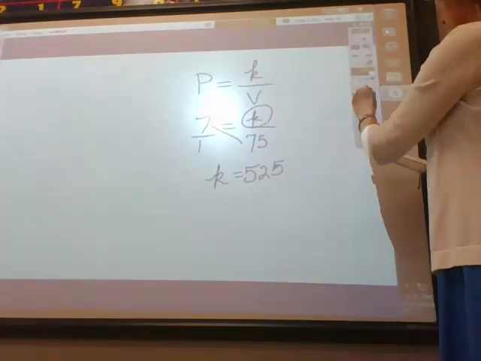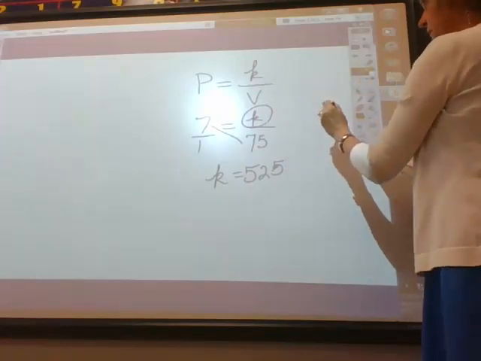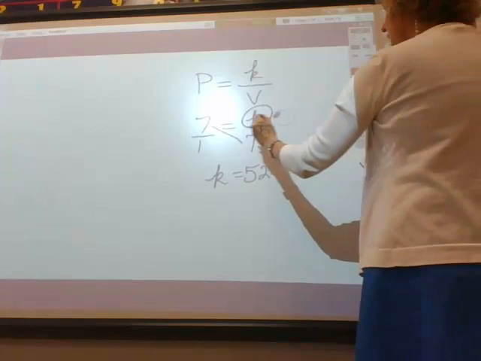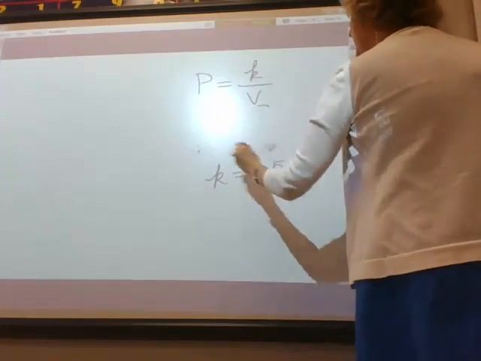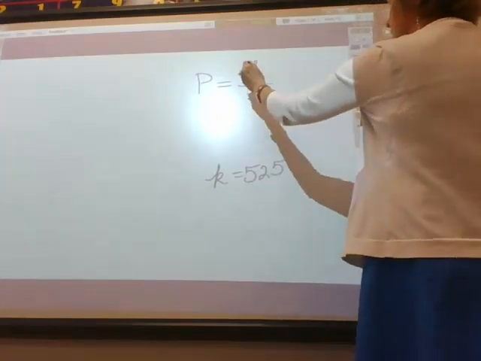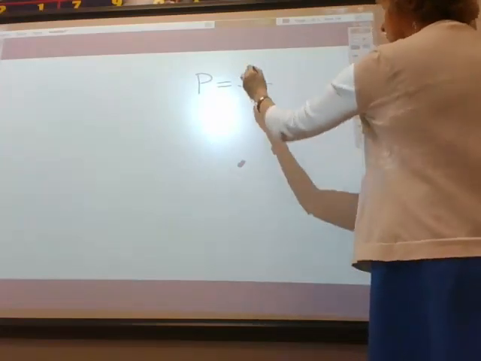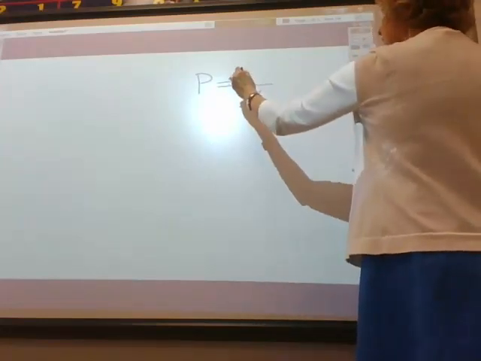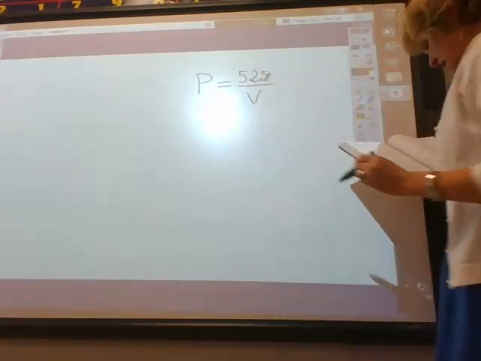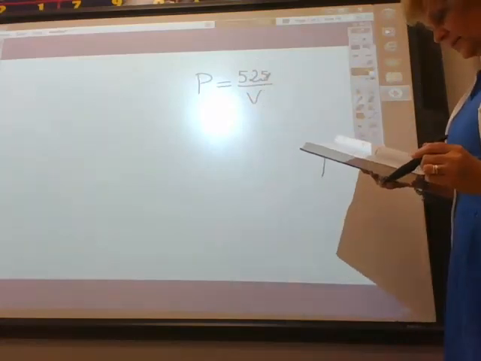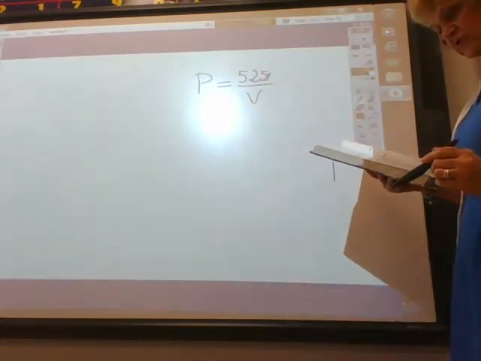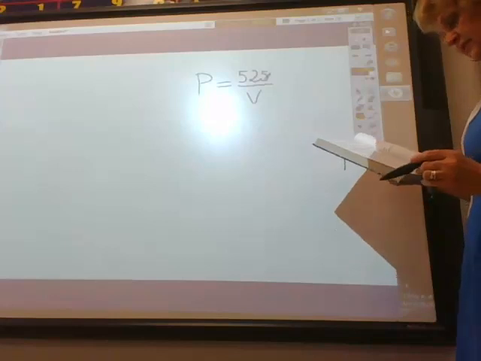So I don't want to run out of room. So I'm going to plug in the 525. And the question is, what will the volume be if the pressure is increased to 15?